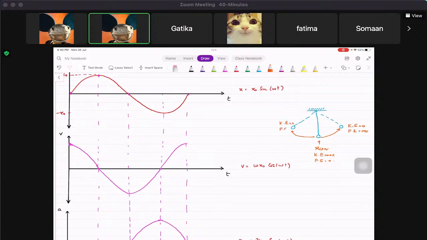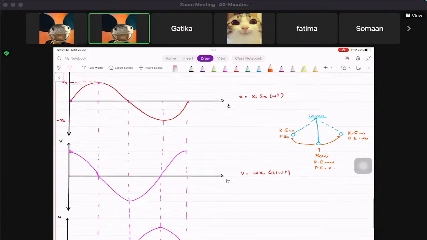So let's look at what happens. When you start from this position right here, the displacement is zero. When you go this way, you go to a positive displacement, and when you go to the maximum displacement, the velocity is zero.